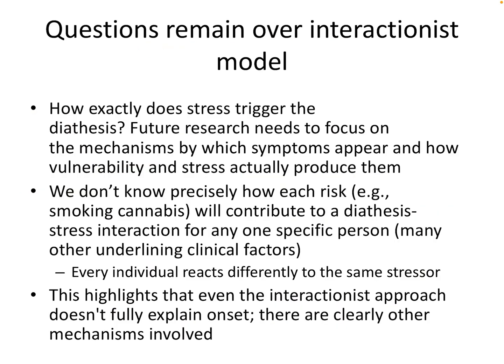So the final limitation of this interactionist approach to explaining schizophrenia is that there are still so many questions that remain. We know that there are numerous stresses that contribute to an increased risk of developing schizophrenia, and that these can be biological or psychological, social, etc. But what we don't understand is exactly how these stresses trigger the diathesis.